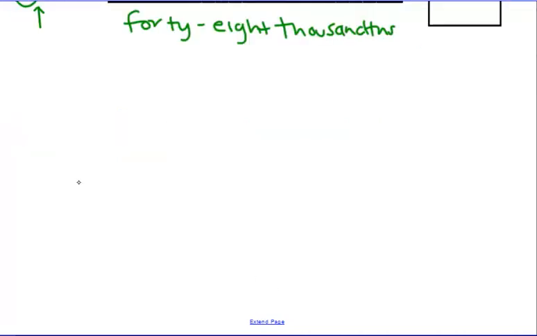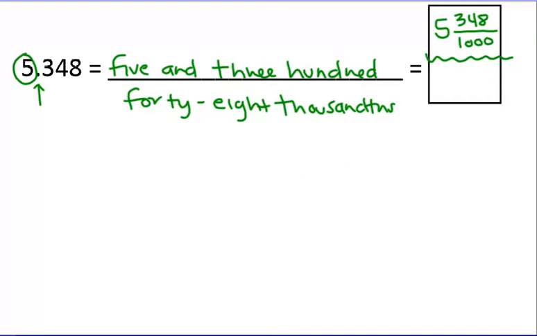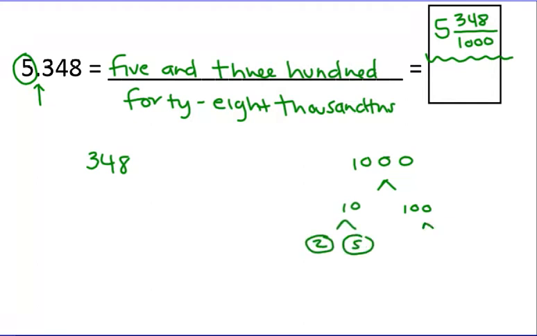Now that can definitely be simplified. So we'll do a factor tree for 348 and one for 1,000. We'll do the one for 1,000 first. Okay.